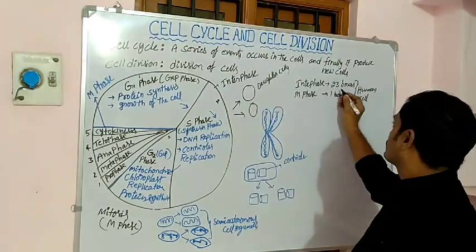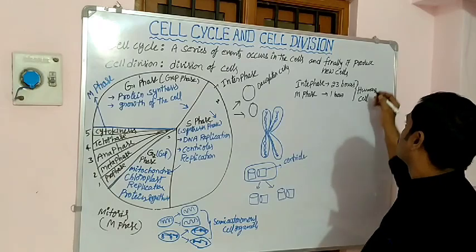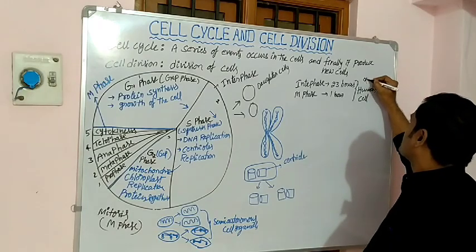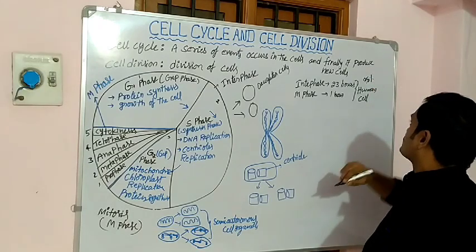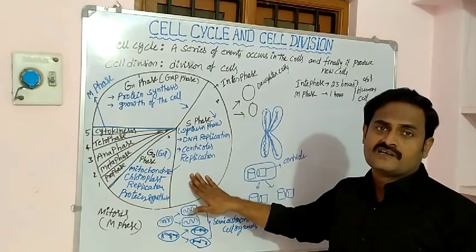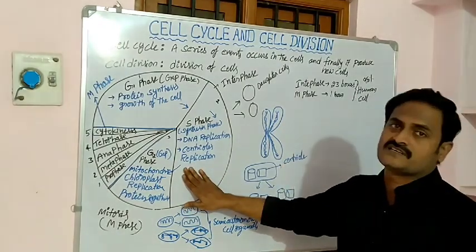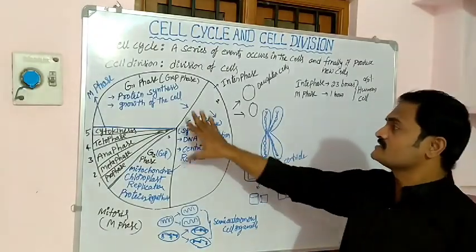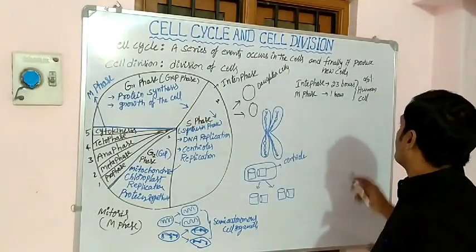See, interphase 23 hours means 95% of the time the cell is involved in the interphase. Remember, 95% of the time it is involved in the interphase.